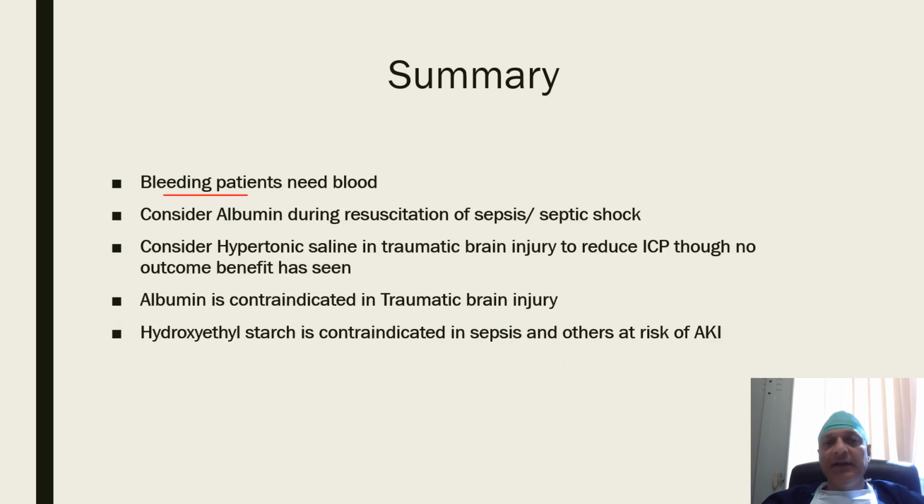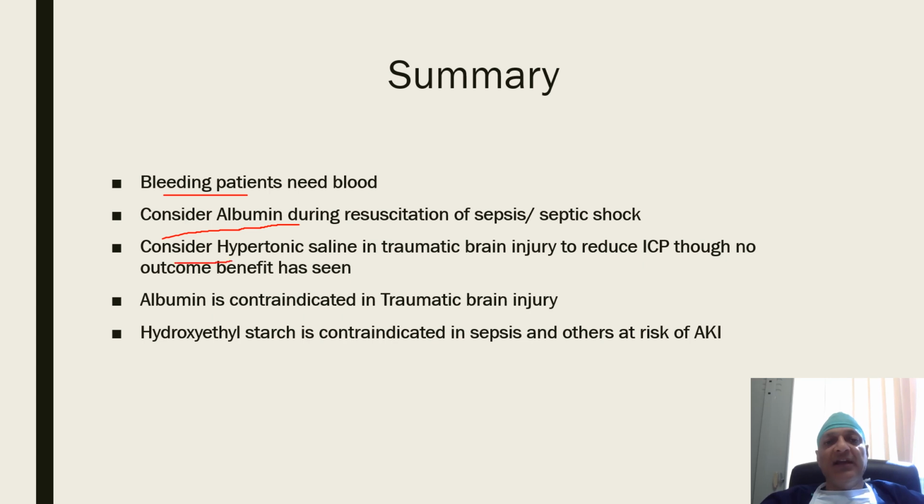Bleeding patients need blood, and if the patient has significant hemorrhage, such patients should be transfused with blood and its components. Initial crystalloid administration in such patients should be limited until blood and its components are being arranged. Consider albumin during resuscitation of sepsis and septic shock when these patients have already been resuscitated with crystalloids and need more fluid.